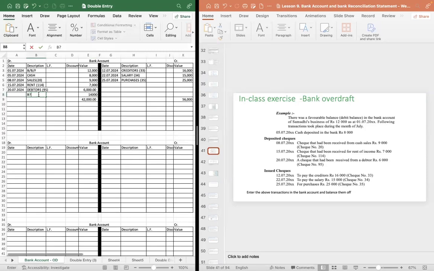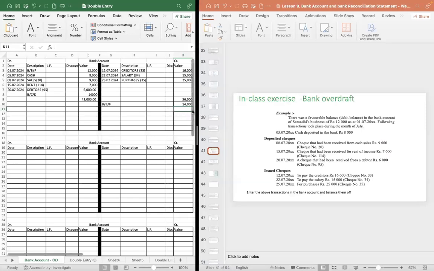That is the balance carried down. Balance carried down 14,000. Then here we are recording balance brought forward 14,000. So at the month end, when we begin the next month, August, we are starting with a bank overdraft of 14,000.